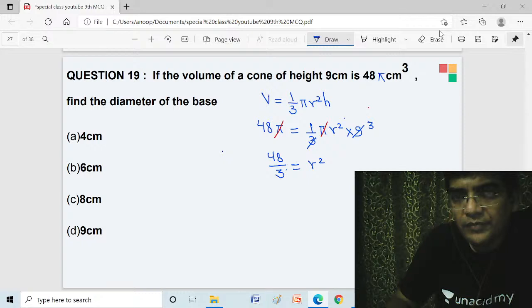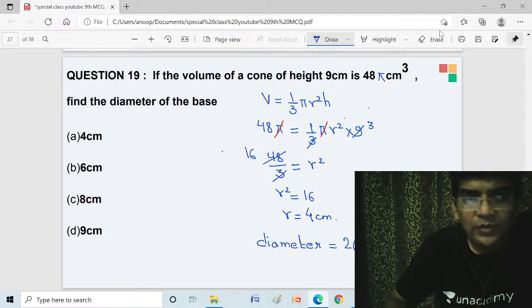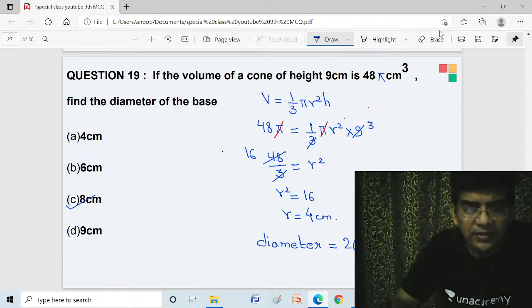Now the question says that we have to find the diameter. So the diameter is equal to twice the radius. So it will be twice of 4, so 8 centimeter. Our answer will be 8 centimeter.